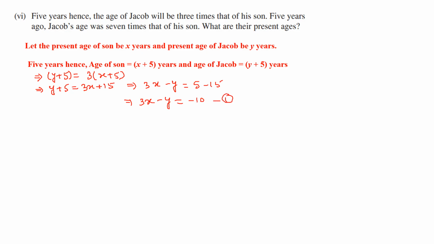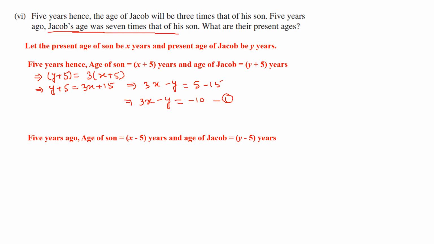Now let's move to the second statement. It says 5 years ago. Now what will happen 5 years ago? From the present age, if someone asks what was your age 5 years before, you have to subtract 5 from that, isn't it? So age of son will be x minus 5 years and age of Jacob will be y minus 5 years. Now again there is a condition given: Jacob's age was 7 times that of his son.